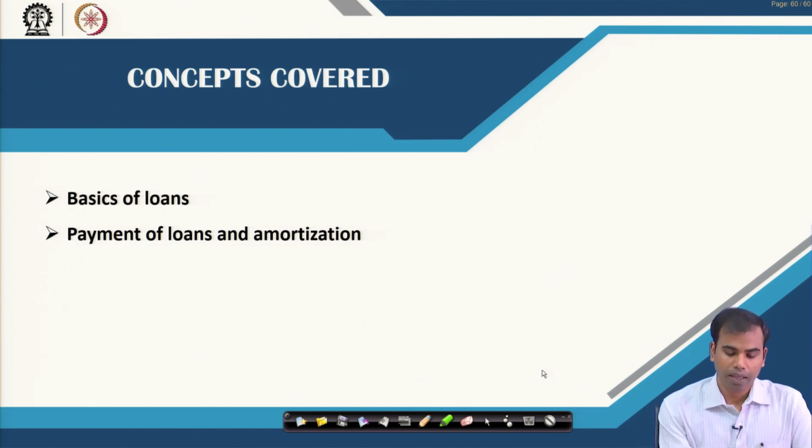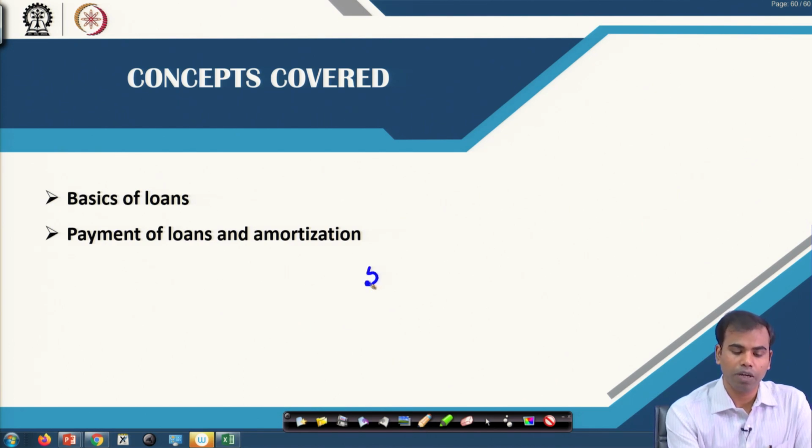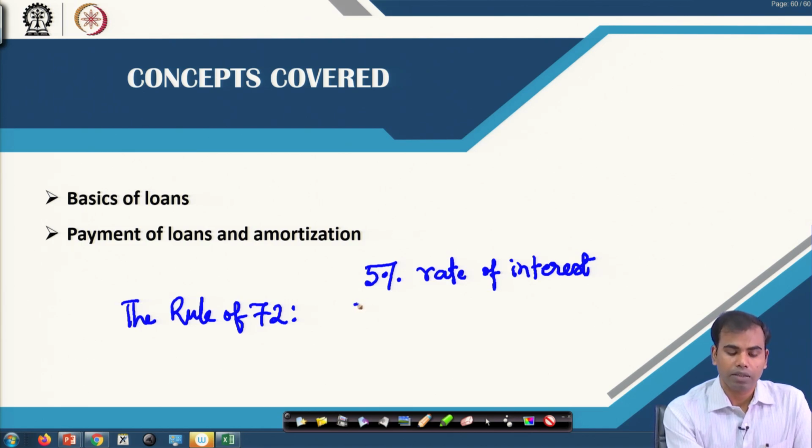For example, if you invest your money in avenues which give you a 5% rate of return, which is the rate of interest, and you follow the rule of 72, this indicates 72 divided by 5, which is 14.4.